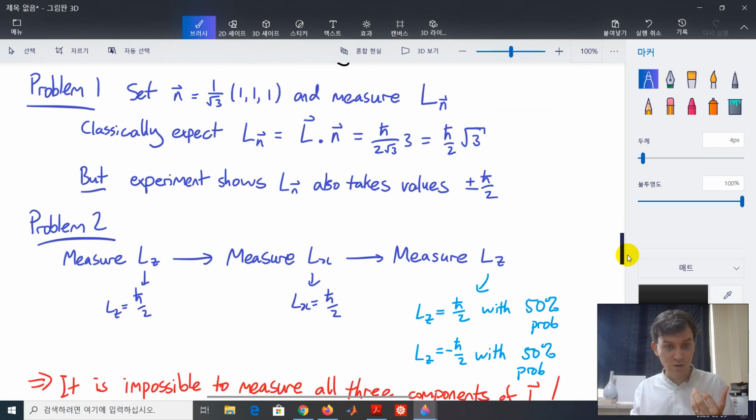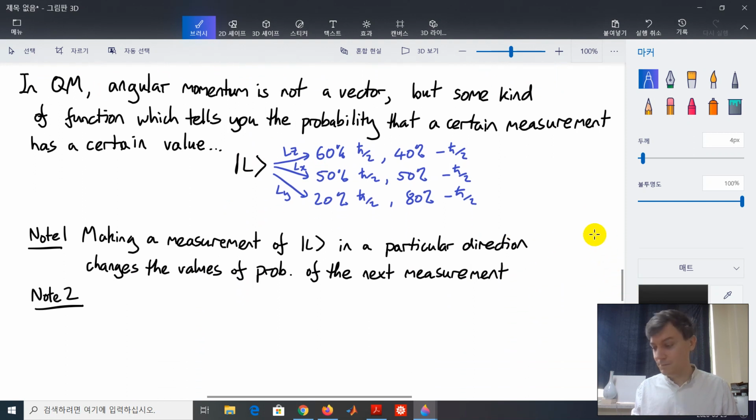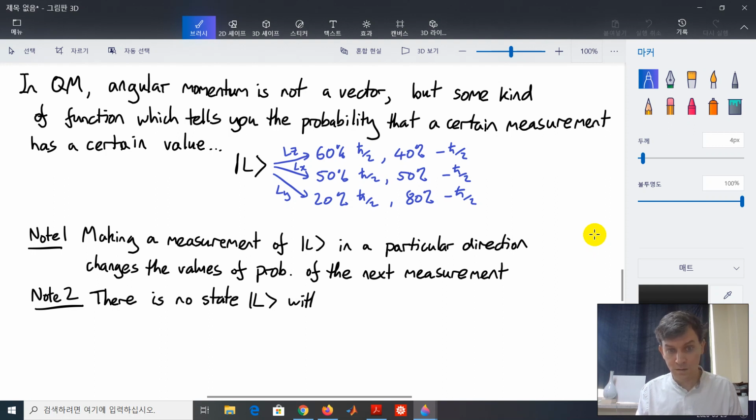So there is no state L here which will give you 100%, 100%, 100% probabilities for all of Lx, Ly, and Lz.